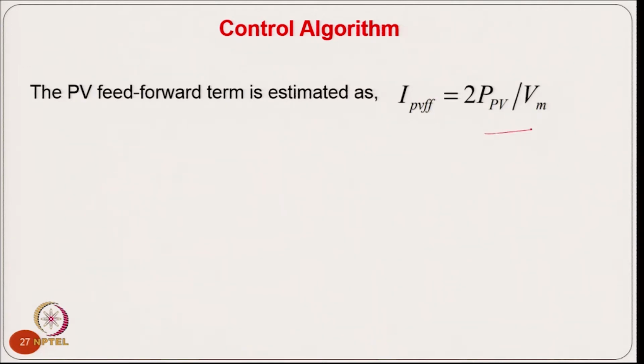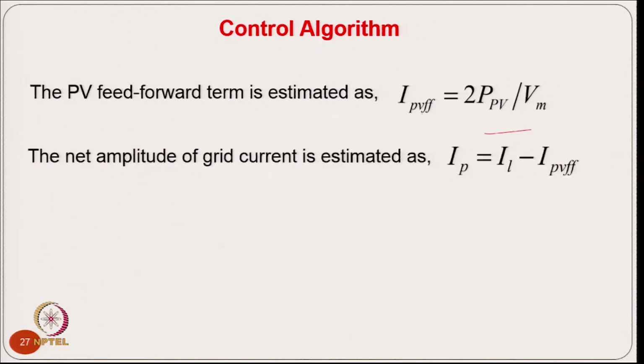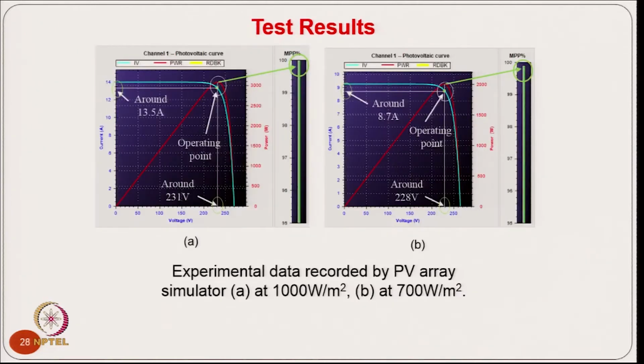This is what we get from the PV power, the equivalent amplitude of the current corresponding to that. If we take it into account, the inverter knows in advance that more or less solar power is coming, so the burden on the DC link voltage control is reduced. Then we get the amplitude of the grid current, that is the loss of the inverter minus the power coming from the solar, and this minus represents that the current is out of phase with the voltage.